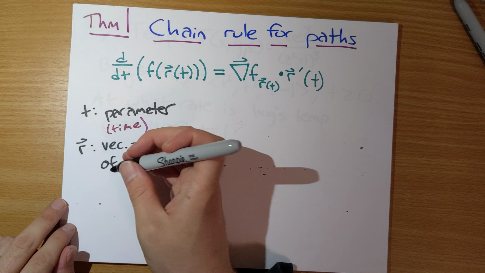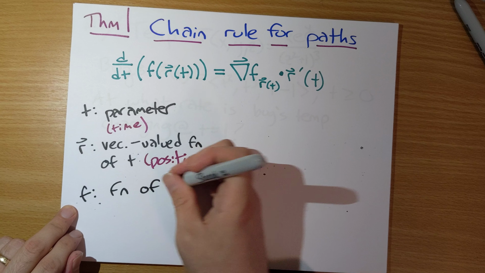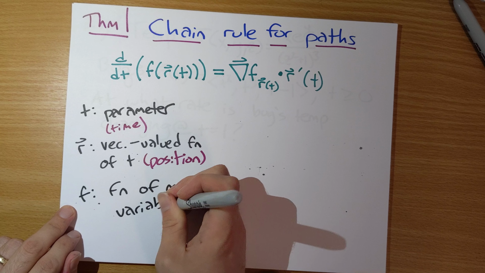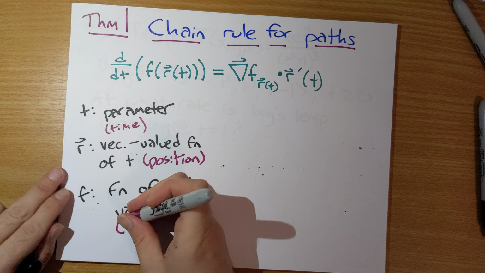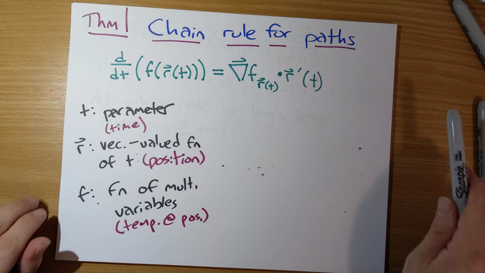And finally, f is a function of multiple variables. So this might be, in our running example, temperature at a given position.